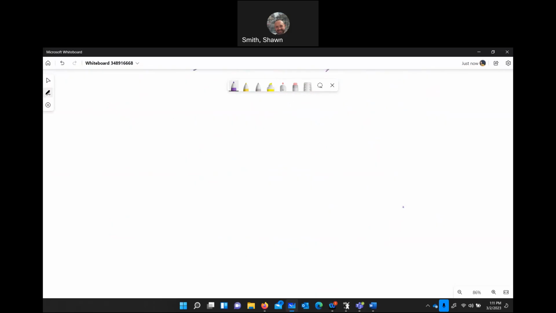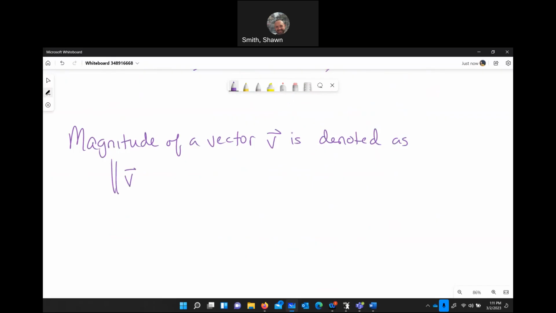All right, so magnitude of a vector, such as this. Let's say of a vector, let's say vector v, is denoted as two double bars, almost like absolute value.